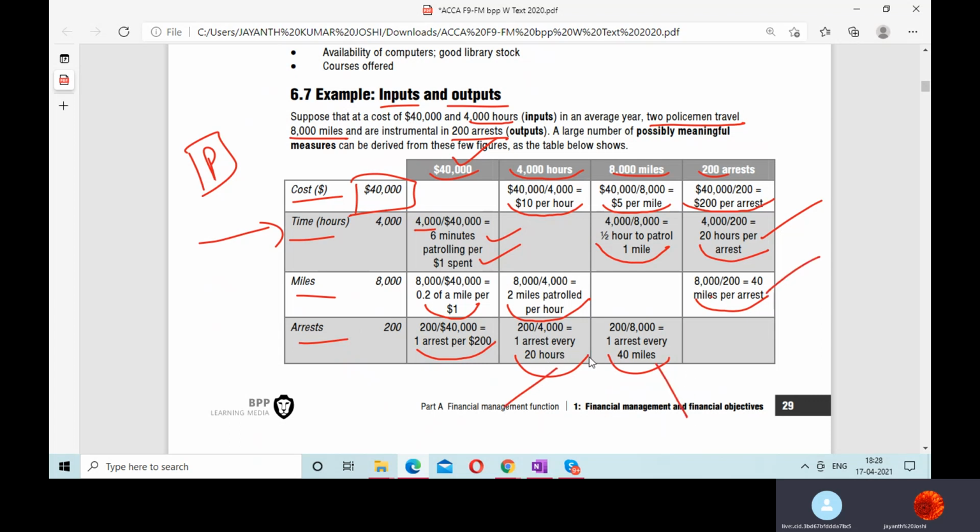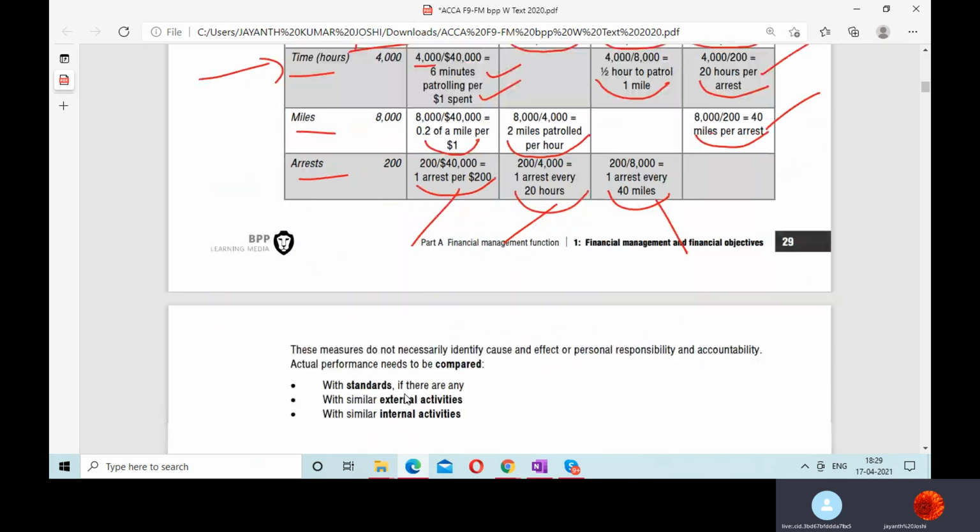One arrest every 40 miles, and $200 per arrest. One arrest for $200. You can correlate them. These are the performance metric measures to check the policeman's performance in different ways and different scenarios.